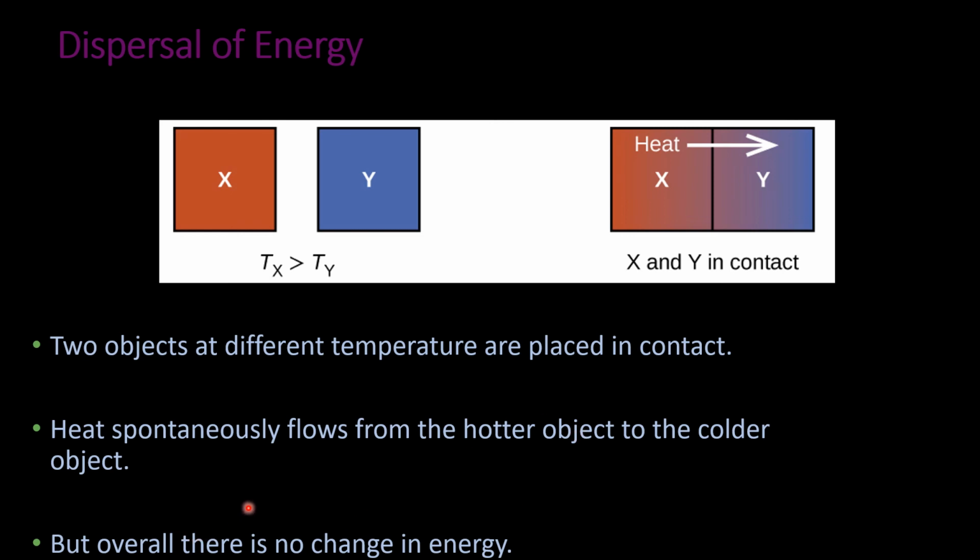But overall, whatever heat energy is, and we've got to talk about that, apparently there is no net change in how much heat energy there is. That's a fundamental concept of the universe: energy cannot be created or destroyed.